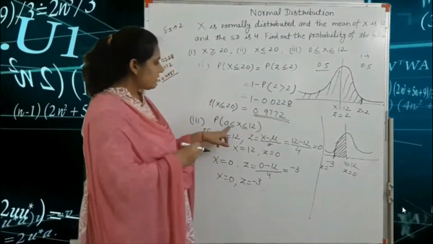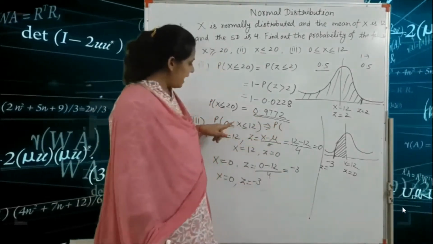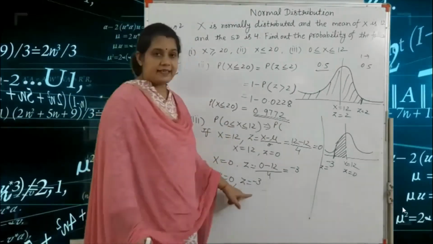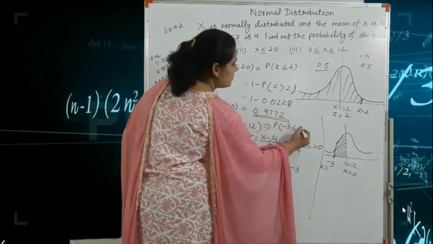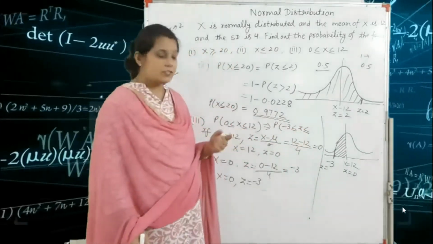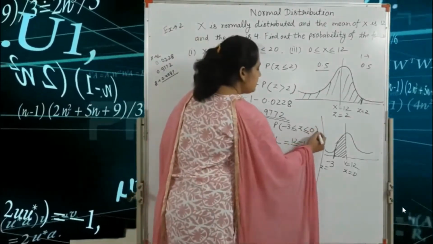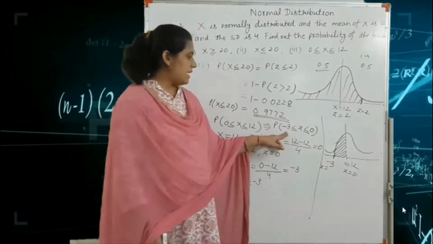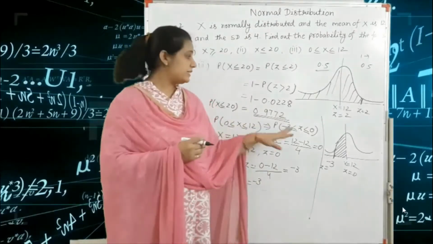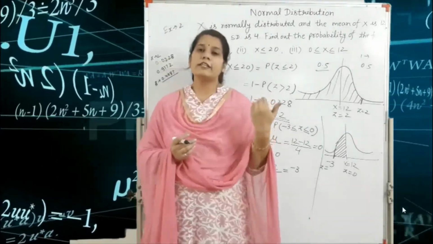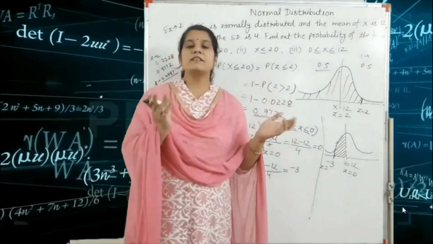We write this in the form of probability: if x is equal to 0, then z is equal to minus 3, and if x is equal to 12, then z is equal to 0. So we write the probability of minus 3 less than or equal to z less than or equal to 0. This is the negative term, and we have already seen that the normal distribution is always symmetrical.